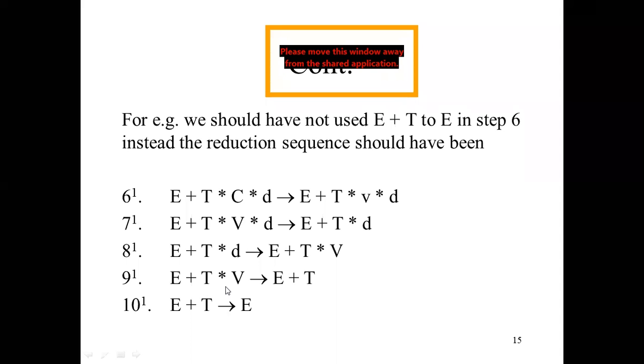We have already seen in the given grammar, T star V we can replace by T.